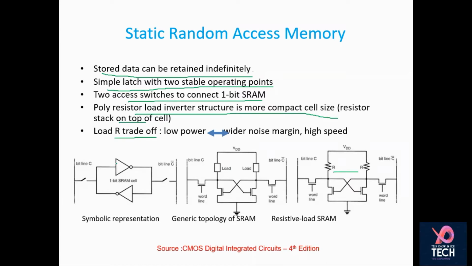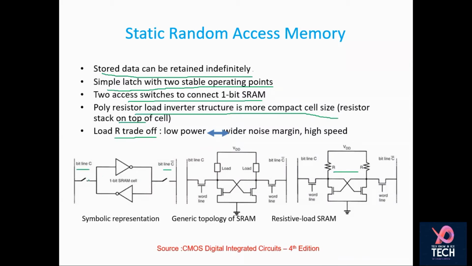That is very important. Here you can see one is bit line C, another is bit line C bar. When this particular switch is closed, what happens? Data can be written into the cell or data can be read from the cell. That is a different thing; we will be discussing how you are going to read or write the data.